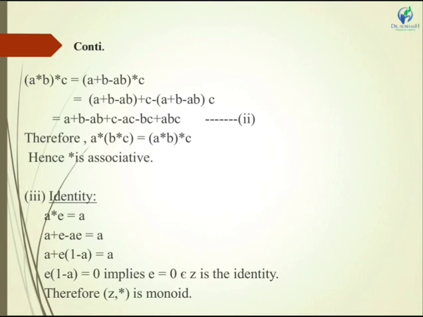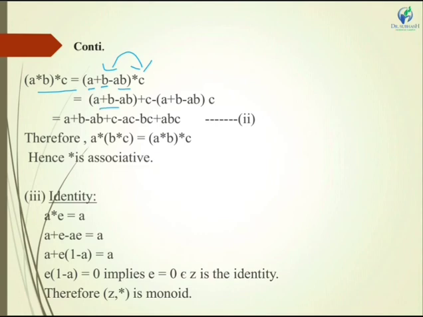Now next is (a * b) * c. I am taking the other part. Now first I will apply star on the first a and b. So I get the addition of a and b minus the multiplication of ab, star c. Now I will use the binary operation on these two elements.